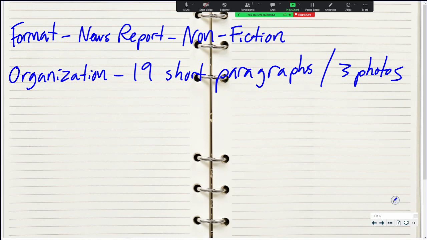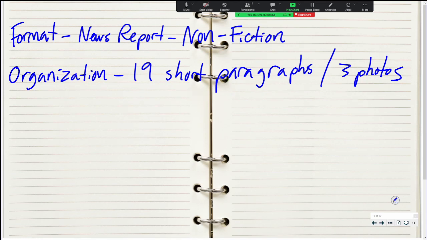And you can talk about those photographs in your response too. If you're given an article, that might be one of the questions: how do the photographs change how you interpret the story, or how does it add to the story? What information do you get from the photographs that you don't get from just reading the text? So it's a news report. It's nonfiction. That's how it's organized.